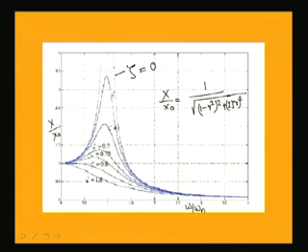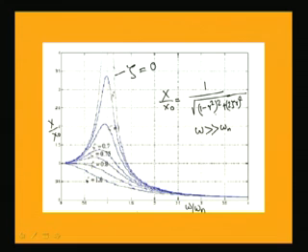When omega is much greater than omega n, that is, when the system is operating at a frequency far away from the natural frequency, one term can be neglected with respect to the r square term.